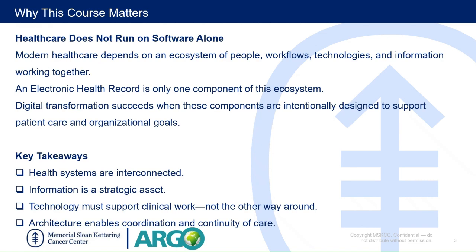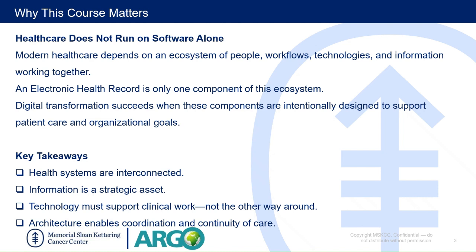Now, many organizations invest heavily in technology, yet they continue to struggle with fragmented care, duplicate testing, deferred referrals, and unreliable reporting. These problems are rarely caused by technology or software alone.